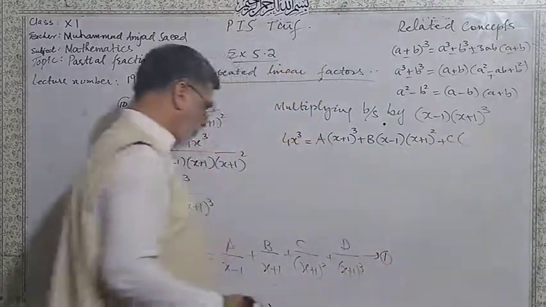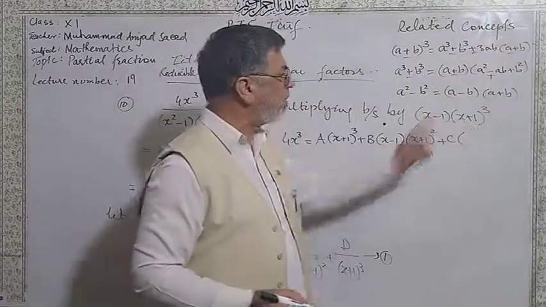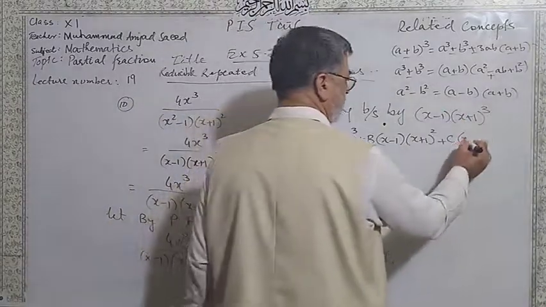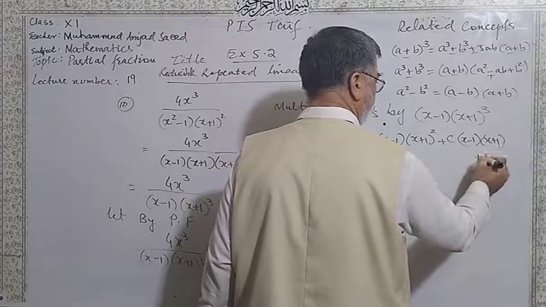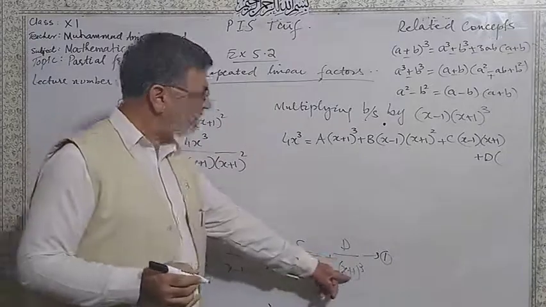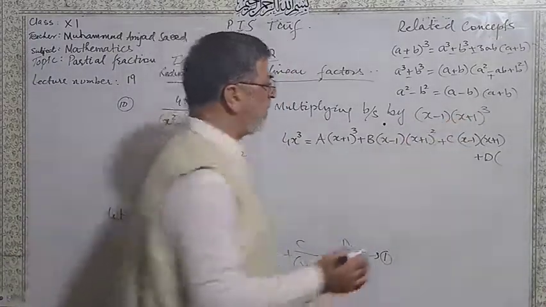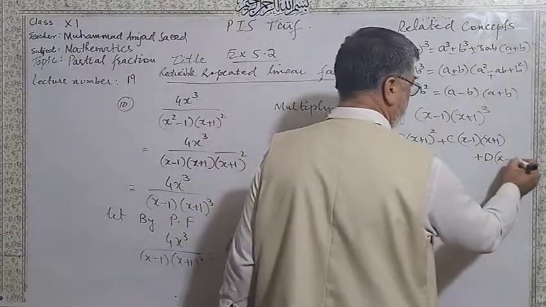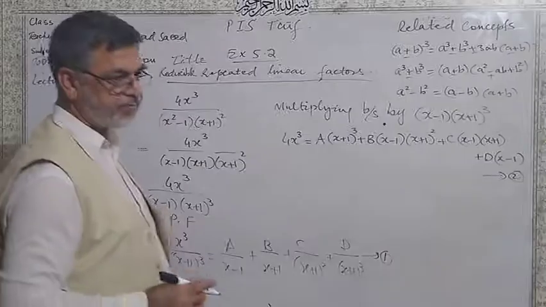Then c into (x plus 1) whole square cancelled out, (x minus 1) into (x plus 1), and plus d into (x plus 1) whole cube. This power 3 cancelled out, we are left with only x minus 1. This is your equation number 2.